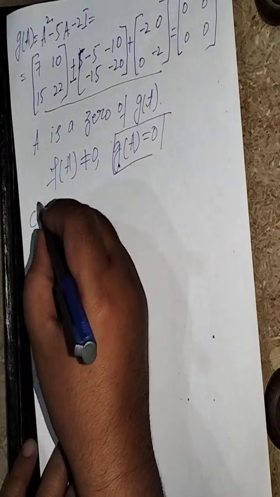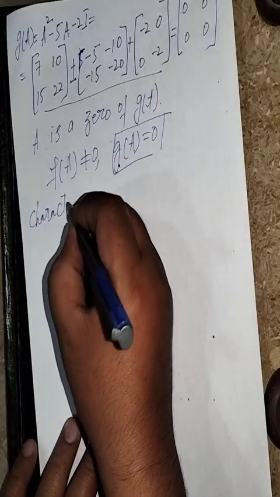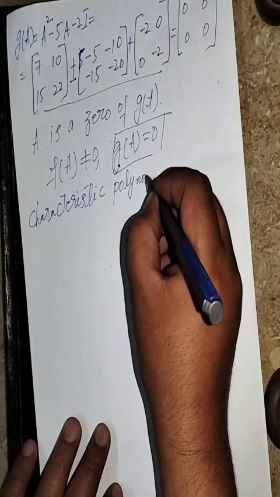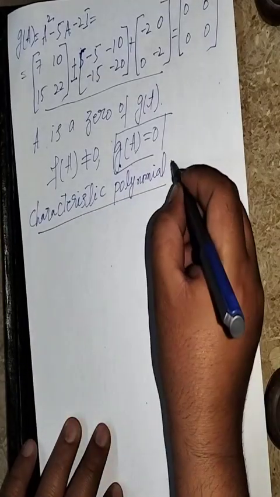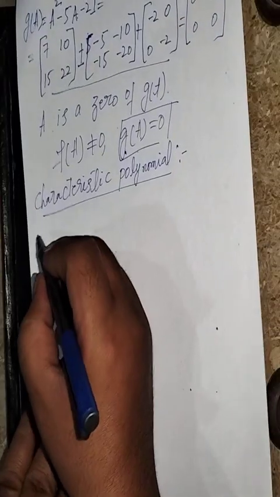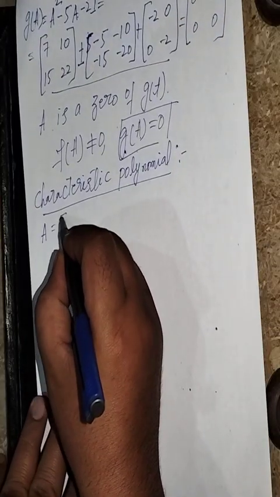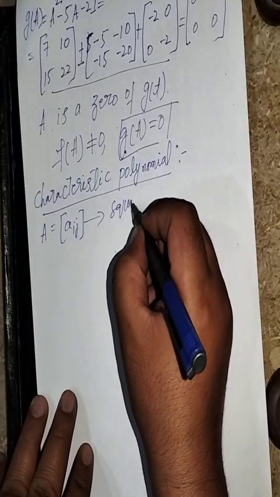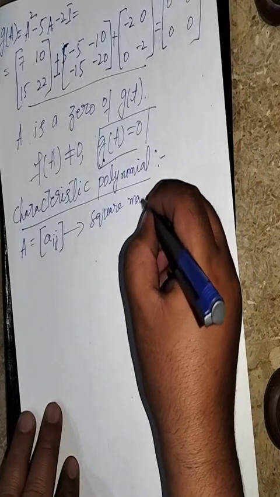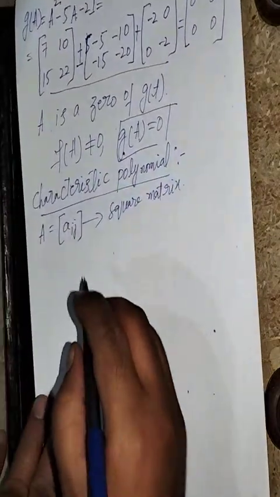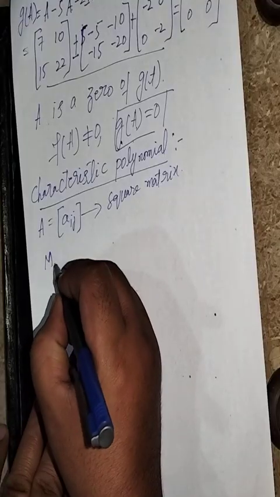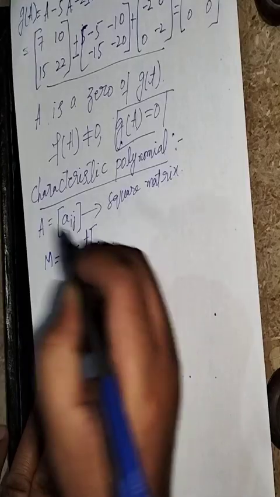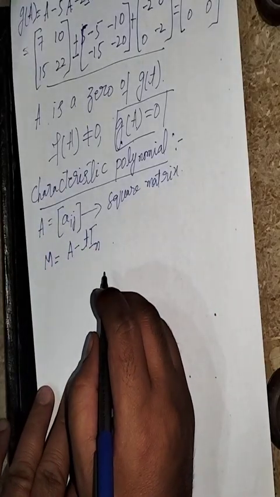Next definition is the characteristic polynomial. Suppose that you have a square matrix A, basically A_ij, of nth order. You have to construct a characteristic polynomial. Let's say the matrix M equals A minus t I_n, where I_n is the n square identity matrix.